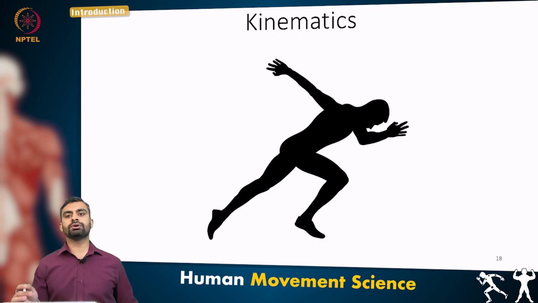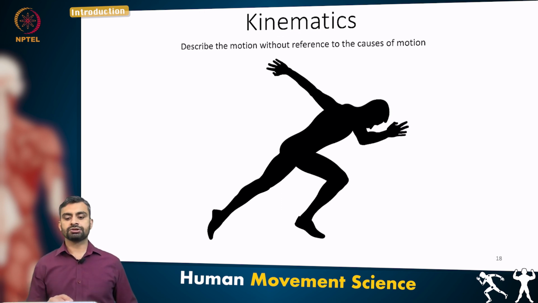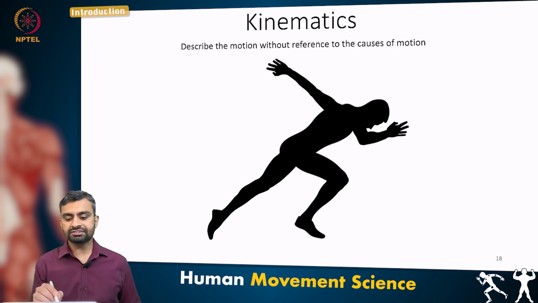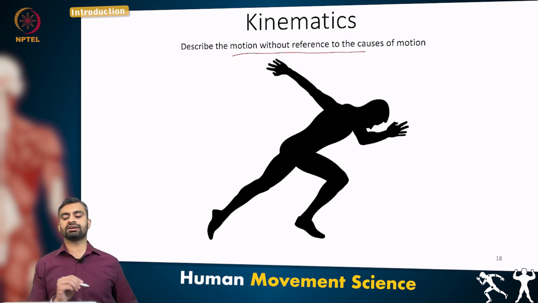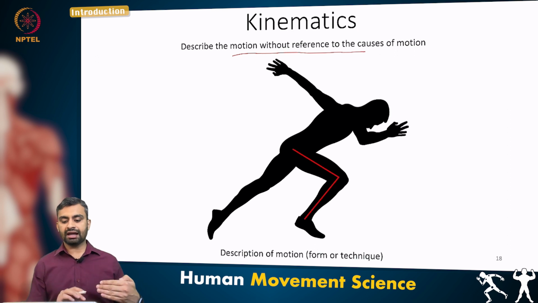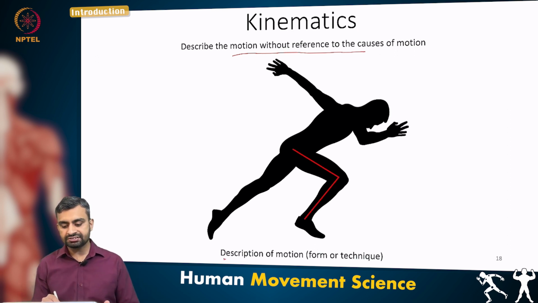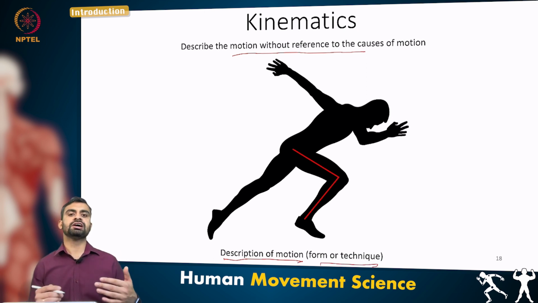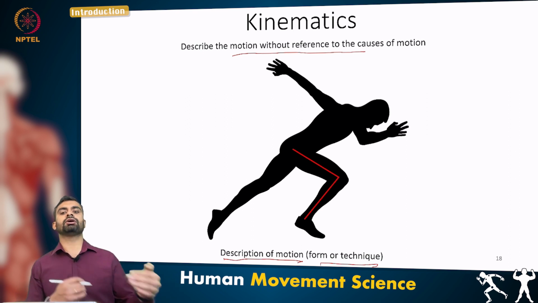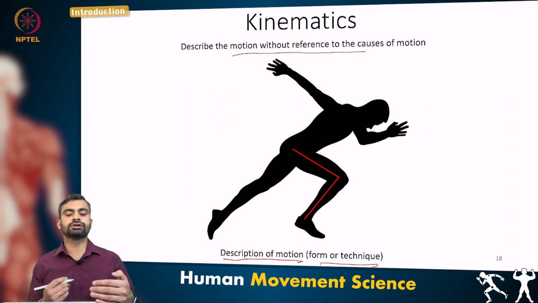Since we know biomechanics can be further studied as kinematics and kinetics, let us look at what kinematics is. Kinematics is nothing but the description of motion without reference to the causes of motion. In layman's language, it is simply the description of motion or form or technique of the motion, which coaches or athletes usually refer to: your form is correct or not, whether the technique is good or not.